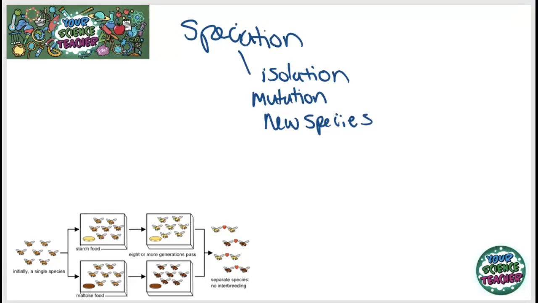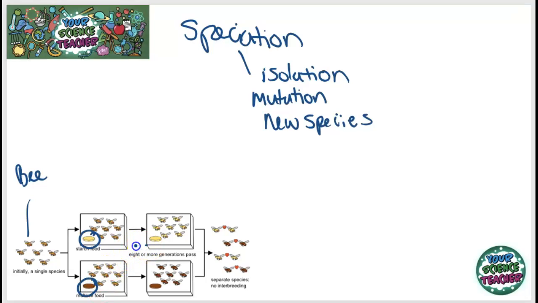In fact, experiments have been done now to prove Wallace's theory of speciation. Here there is a single species of bee, and we can actually create two different species of bee from this one species. One group of bees was fed just starch food for a period of time, whereas the other group of bees was fed maltose food for a period of time.